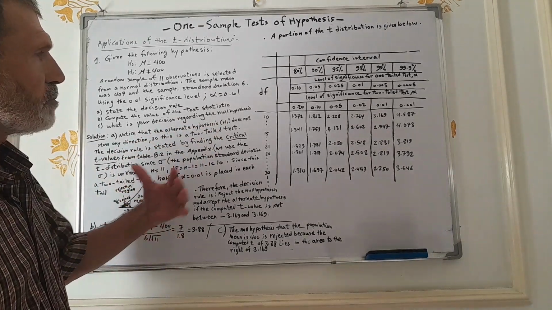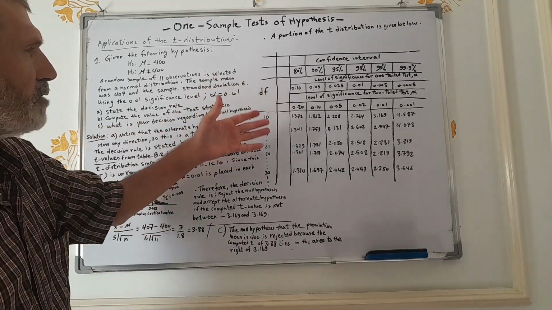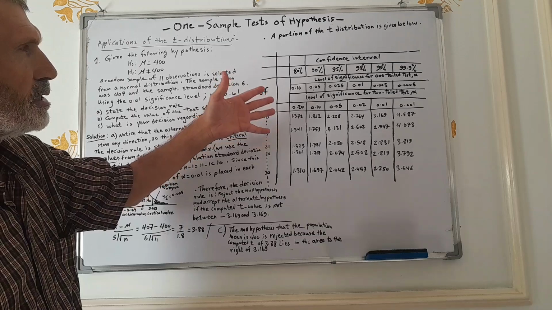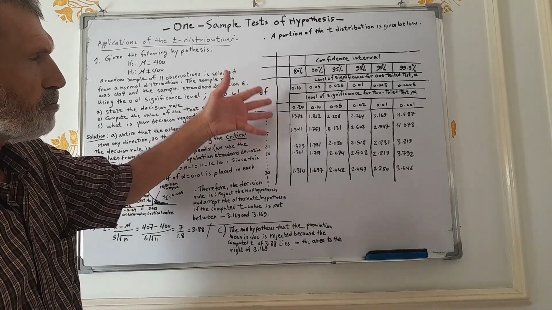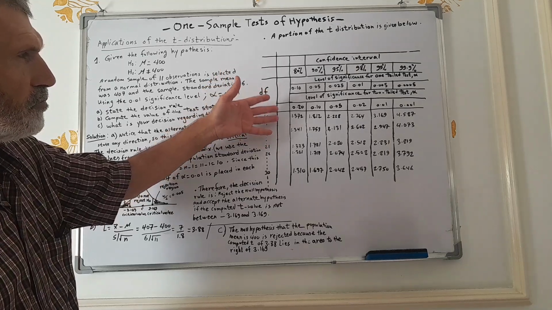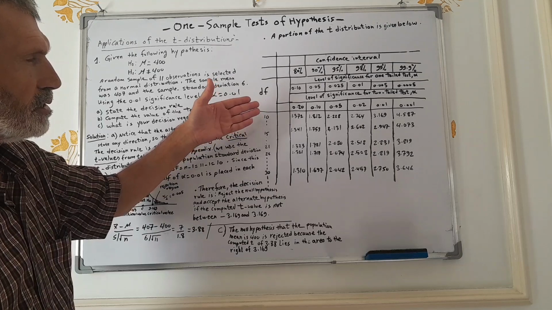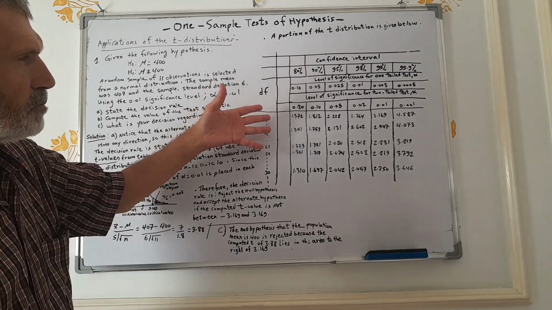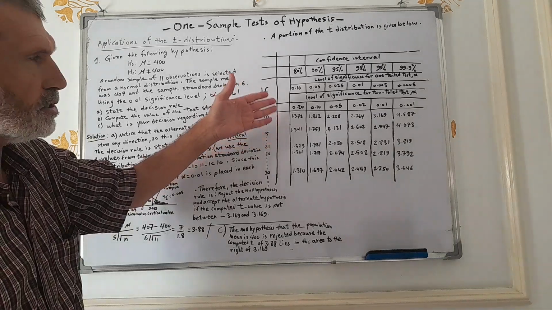We have already talked about how to calculate the critical value from the T table. This is a simplified version of the T table that we discussed just a while ago. Some problems concerning how to calculate the T value.